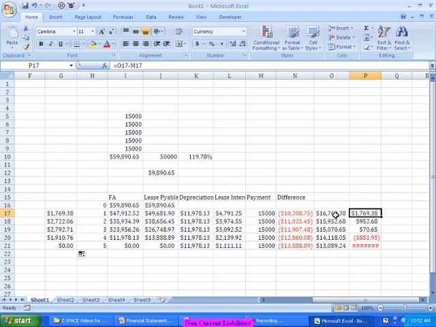Okay, this is the depreciation. The lease amounts are getting reduced by this much.